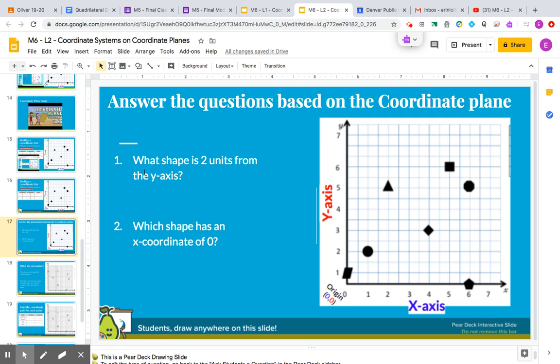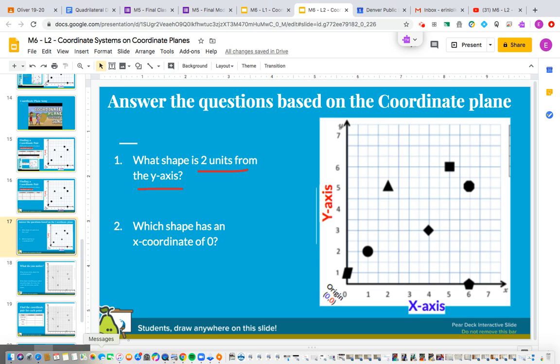So let's take a look at the next few questions we had to answer based on the same coordinate plane system that we were working on. We know we need to find the shape that is 2 units away from the y-axis. What does that mean? 2 units away from the y-axis.